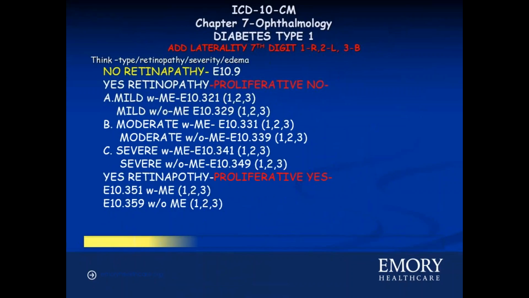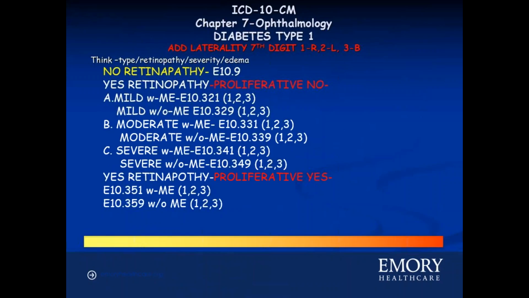Diabetes, we already mentioned that for type 1, add the laterality. The last digit, which is the 7th digit, would be 1 for right, 2 for left, and of course 3 bilateral. We have to think of the type. Is it retinopathy, severity, or edema? So there are code sets for no retinopathy.